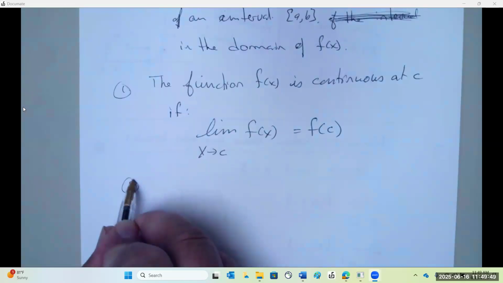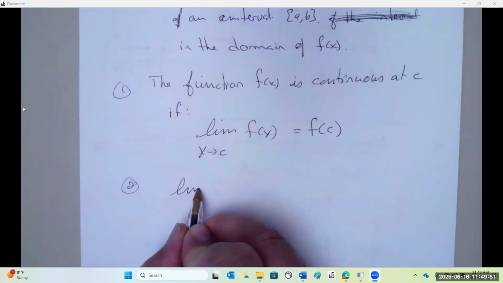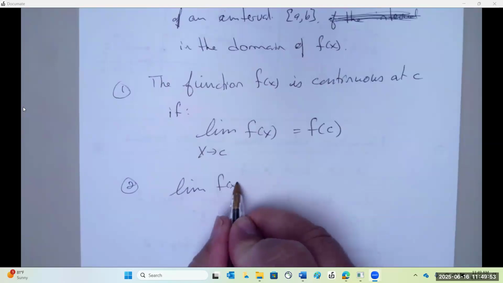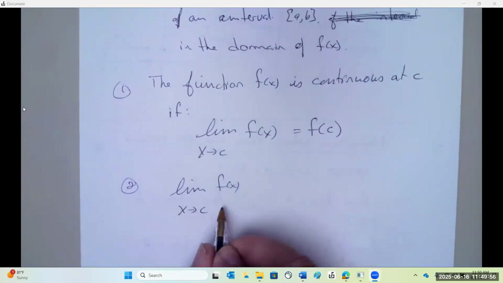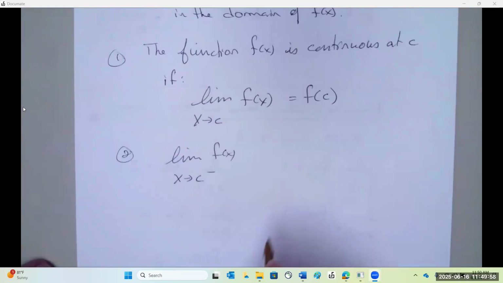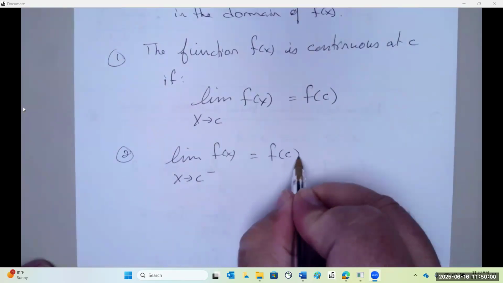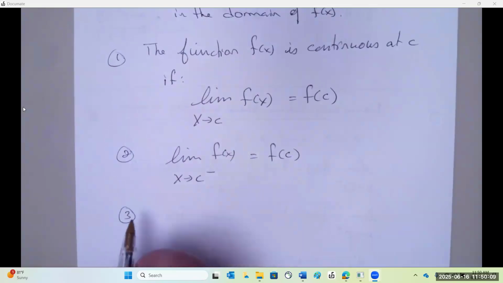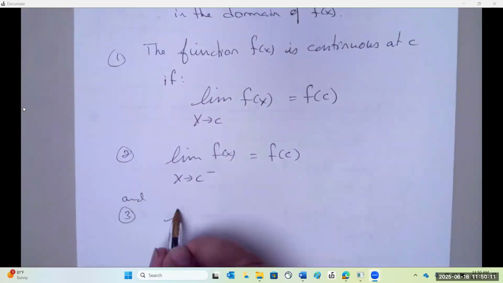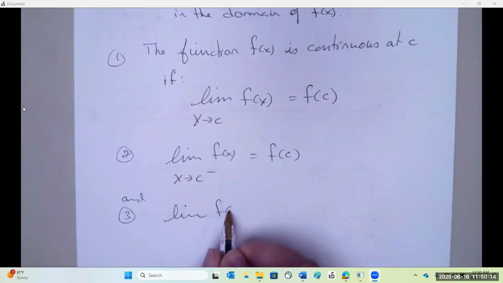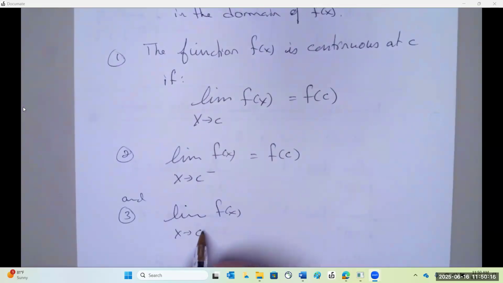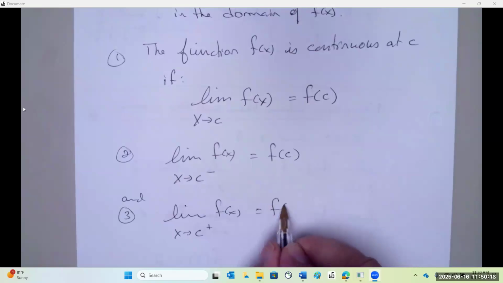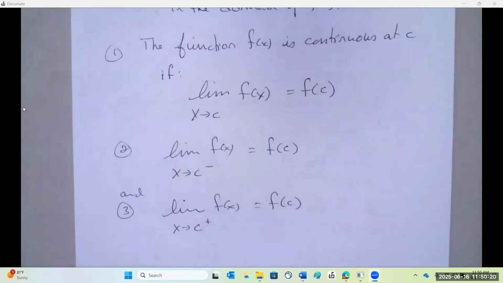The second thing we check is the limit of the function as x approaches c from the left also has to equal f of c. And the limit of f of x as x approaches c from the right also has to exist, and they all have to be the same value.